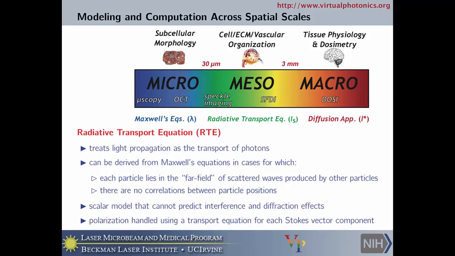We can handle polarization using a transport equation for what's known as the Stokes vector. The Stokes vector is a construct that allows you to characterize fully the polarization state of light. And it's a 4-element vector, and you can essentially write 4 radiative transport equations that characterize the propagation of each of these polarization components in the Stokes vector.